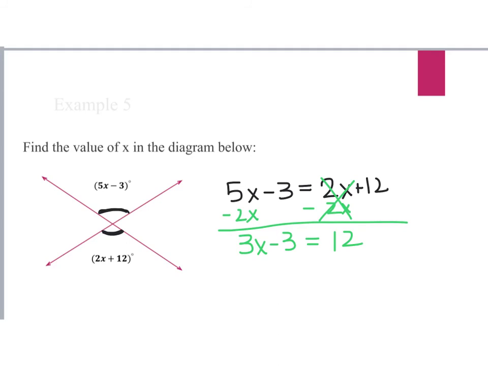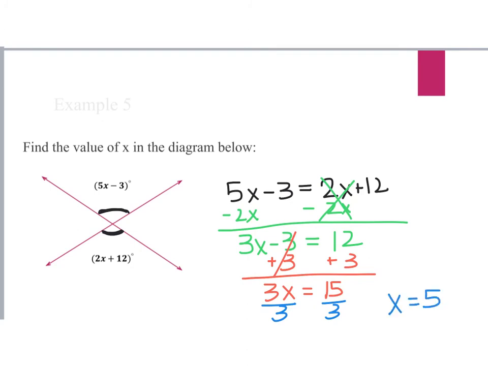I need to get x by itself, so I'm going to undo my subtracting 3 by adding 3 to both sides. Now I'm left with 3x equals 15, and again I need to get x by itself, so I will divide by 3, and I'm left with x equals 5.